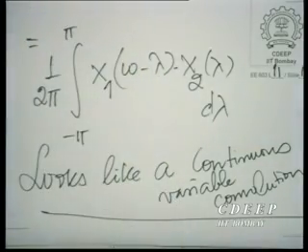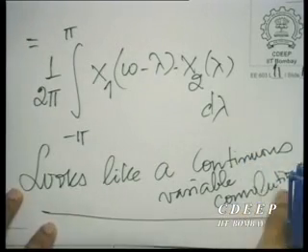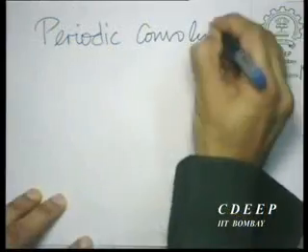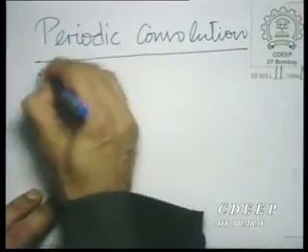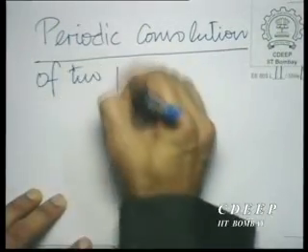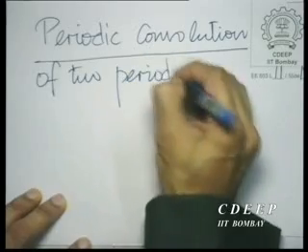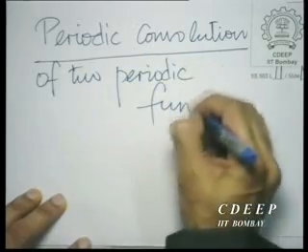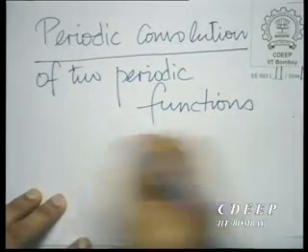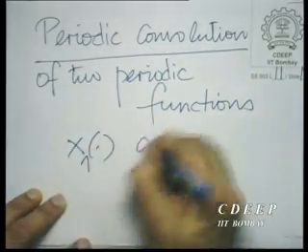Any contiguous interval of 2 pi is fine, right? Anyway, this is what is called a periodic convolution. It's a periodic convolution of two periodic functions, capital X1 and capital X2.